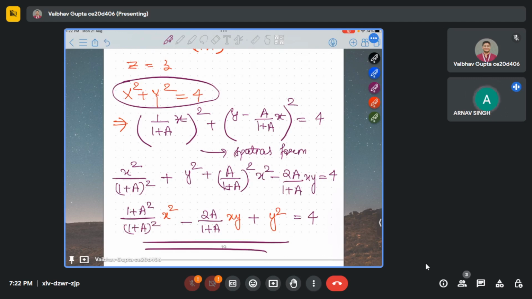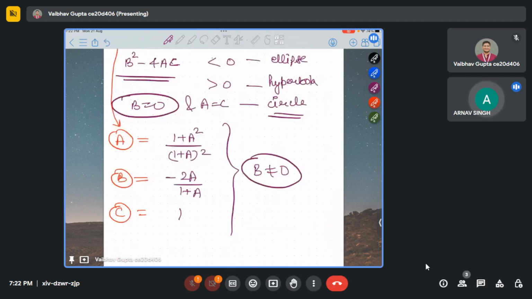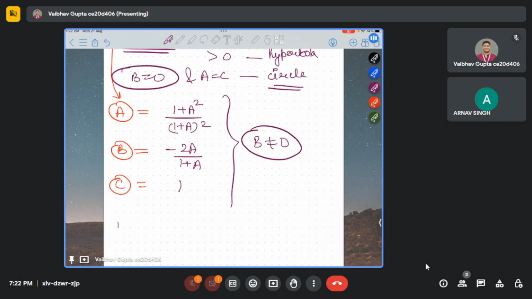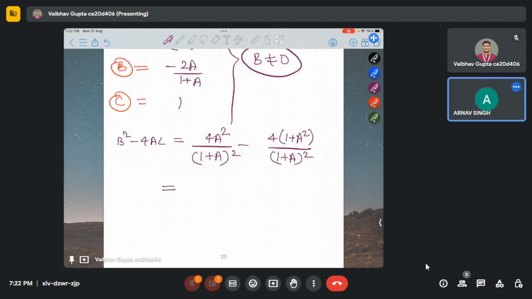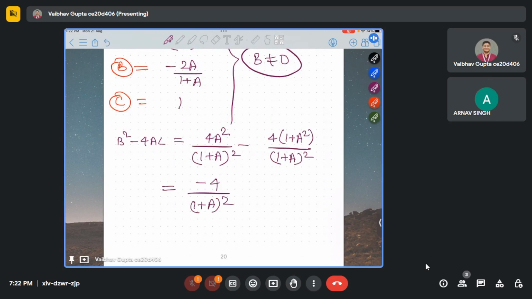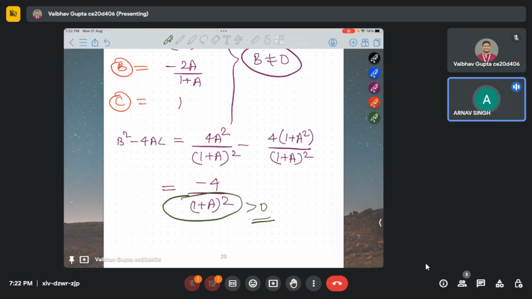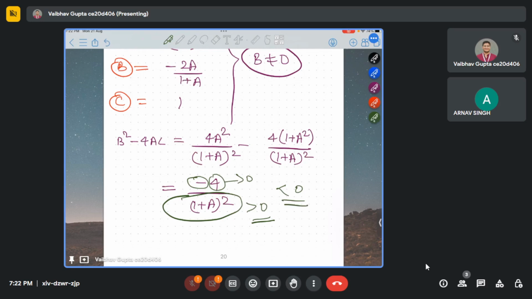You got this point? So now B is not equal to 0, so it's not a circle. Now calculate B square minus 4AC. It's nothing but minus 4 upon 1 plus A square. This term will always be greater than 0 because of the square, and with the negative sign, it will always be less than 0.